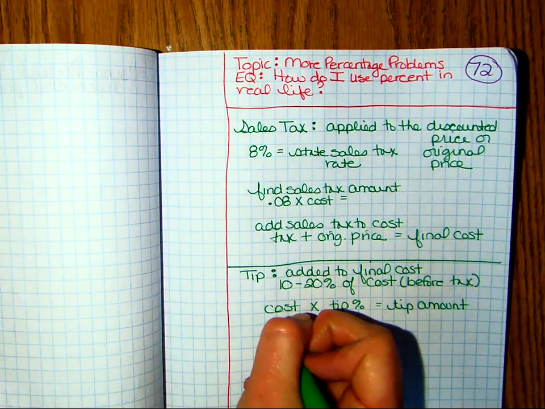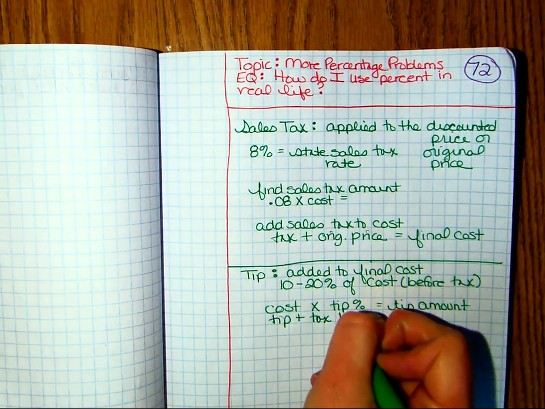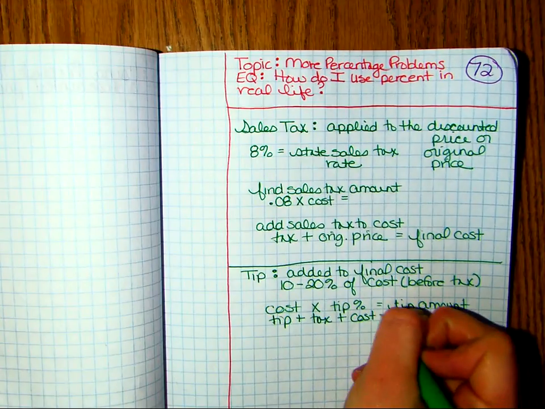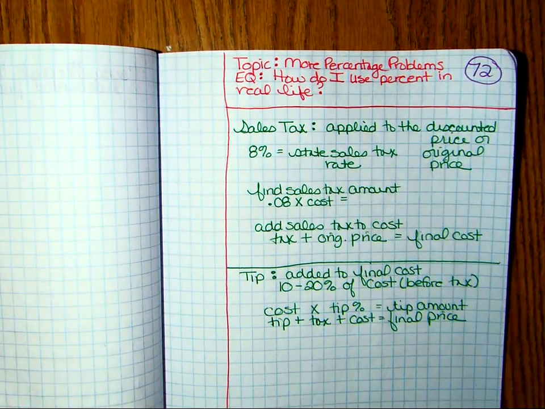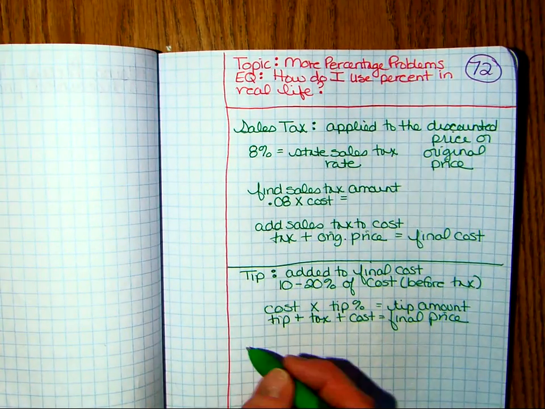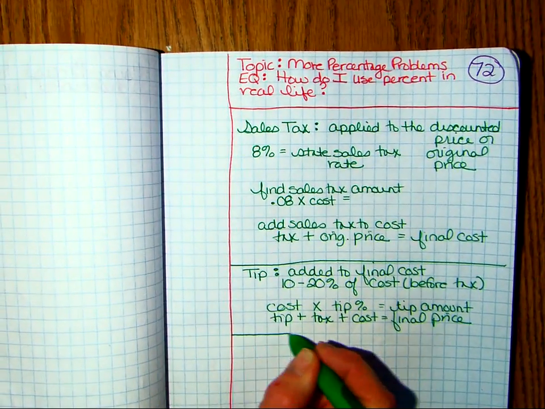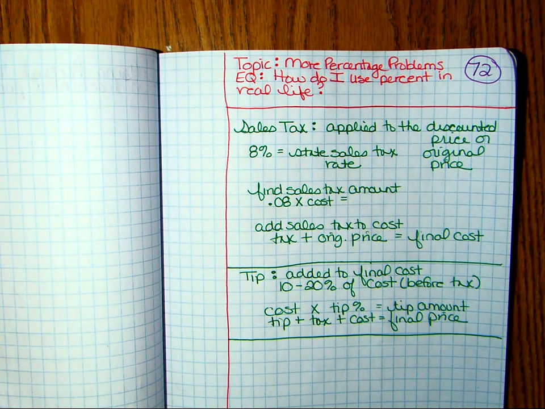And then you would add the tip plus the tax plus the cost, and that would give you your final price. All right. So that's the second time we add.